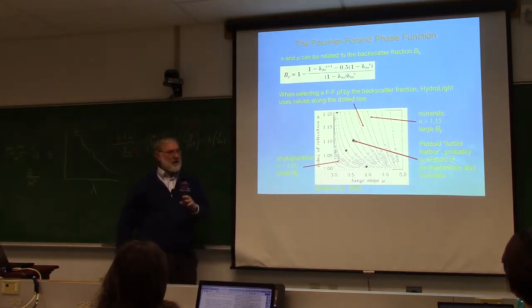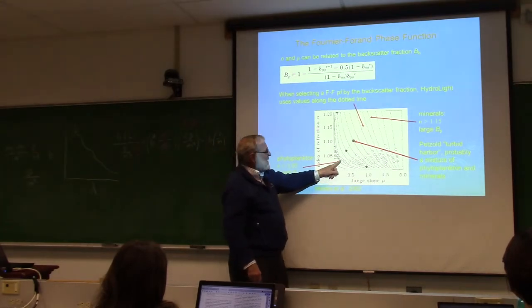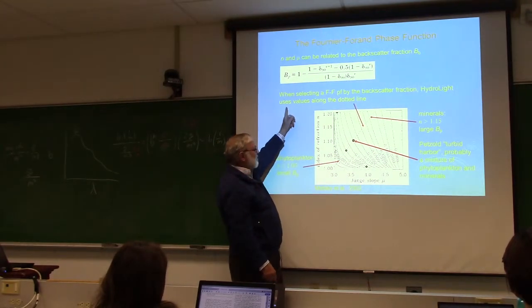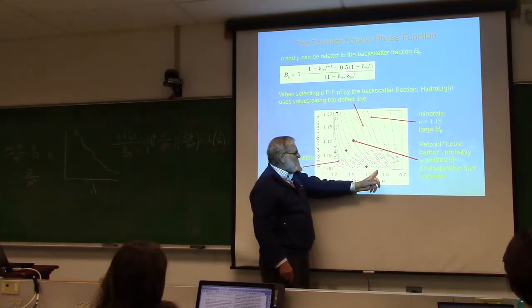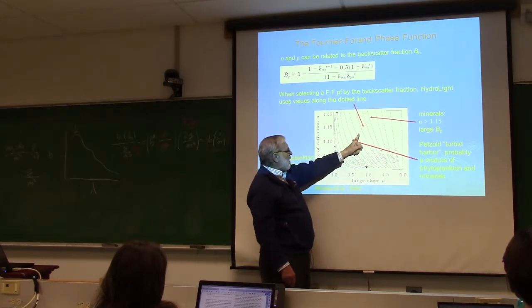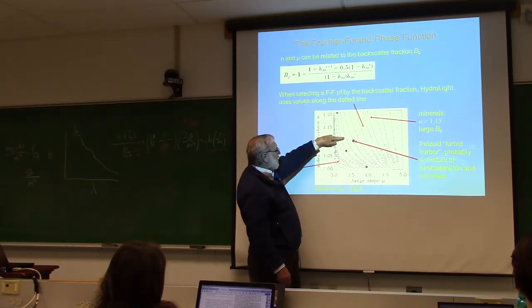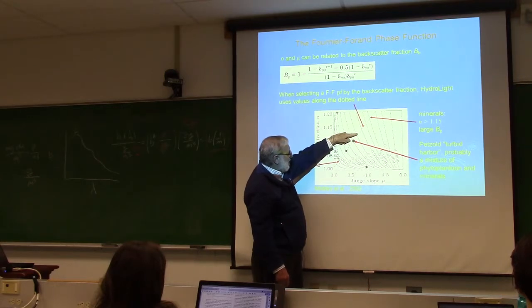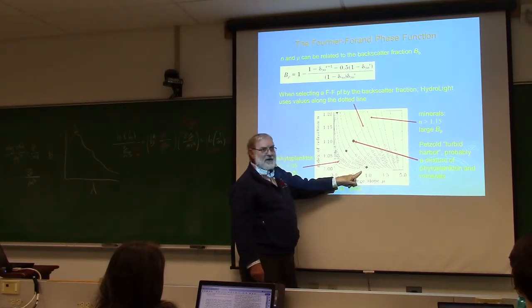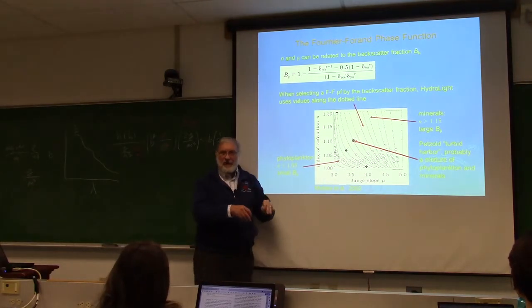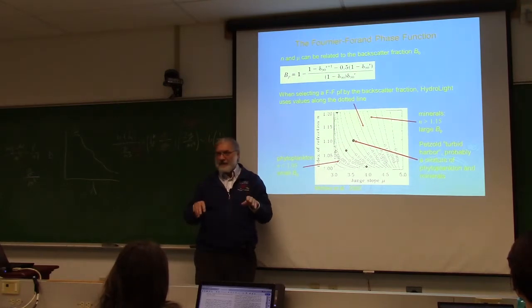That's pretty awesome, huh? So then I said, now, if you give me a backscatter fraction, let's say 3%, I'll come up to where the 3% curve crosses my straight line, and that'll give me an index of refraction of 1.2 and a slope of 3.8. And I'll plug those into the formula to generate the phase function.